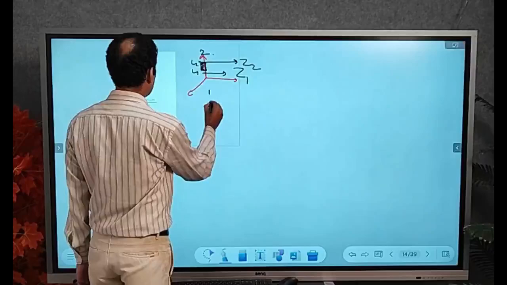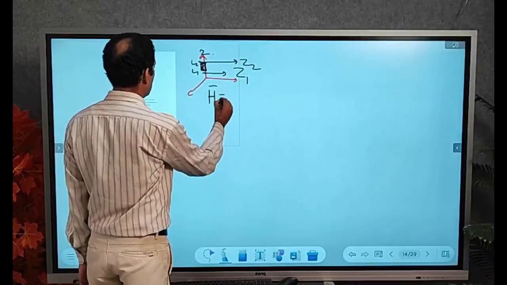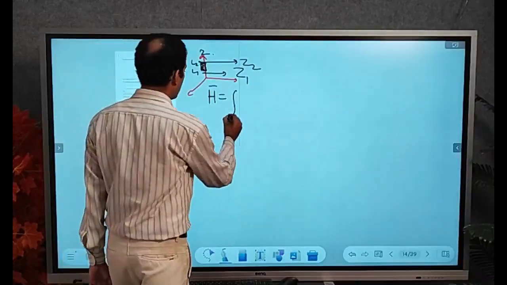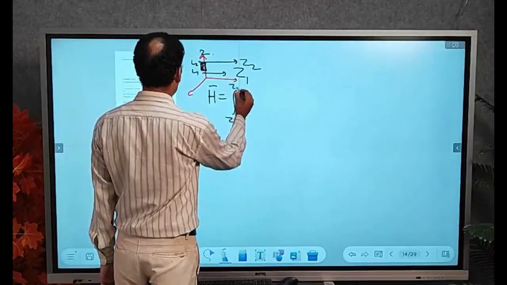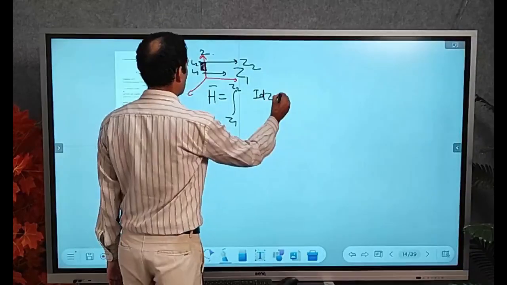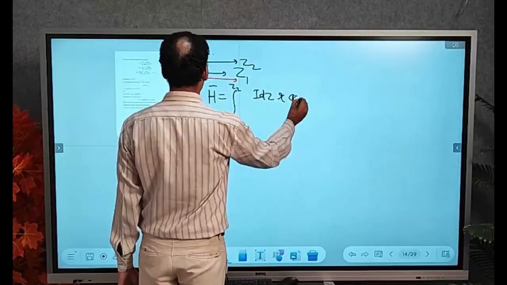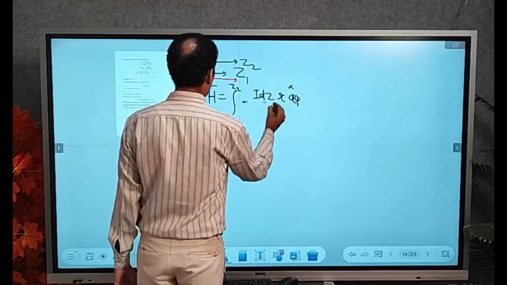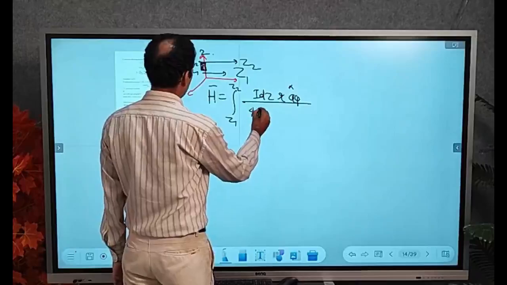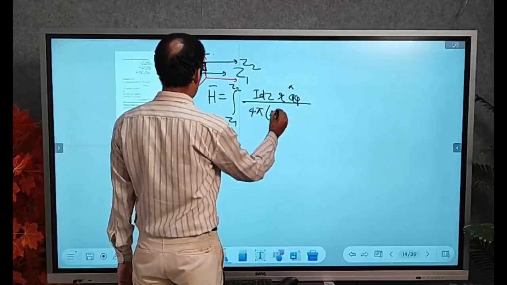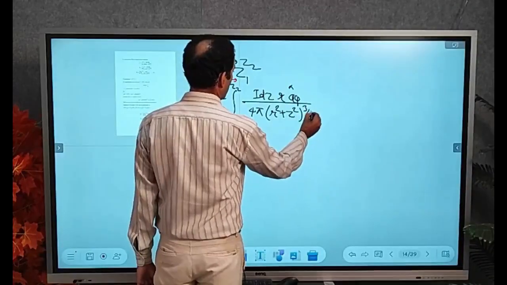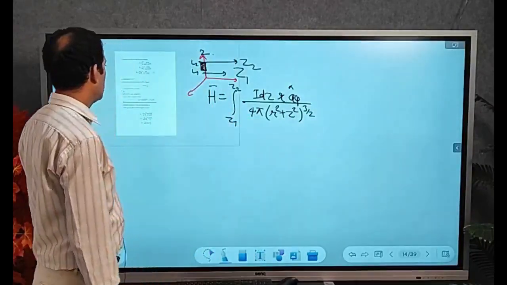So we will get H bar equal to, the limits will be from Z1 to Z2, I dz R a phi cap divided by 4 pi into r square plus z square to the power 3 by 2.